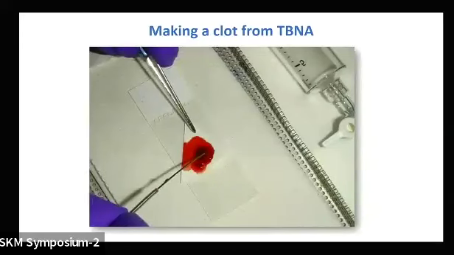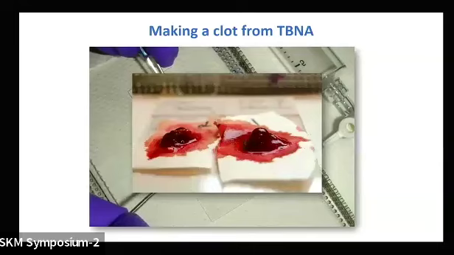What it entails is fairly easy to understand. Whatever the residue from the needle is, it is placed on a glove and on a gauze, which has been placed on an additional slide. So if 4 passes have been procured from a lesion, the residue from all 4 passes, after the smears have been made, can be placed on this piece of gauze, and this residue is allowed to clot, such as what you can see here.